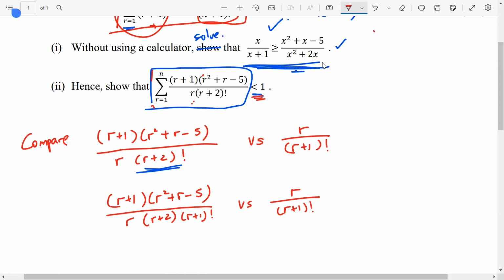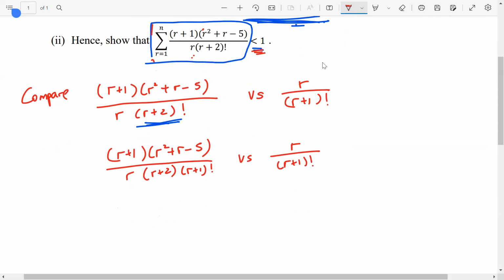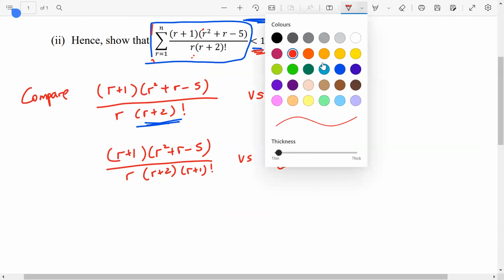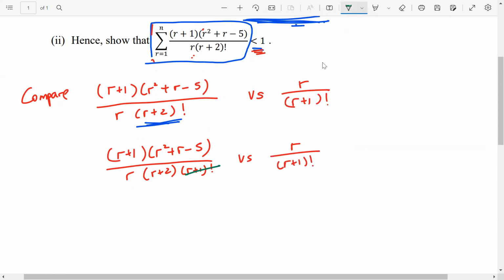You can see that if it's x as r, it's actually inside. Because this (r+1) factorial is the same on both sides, essentially what we want is to compare which one is larger. Because of this r, I'll put an r here, then I'll put a square here.